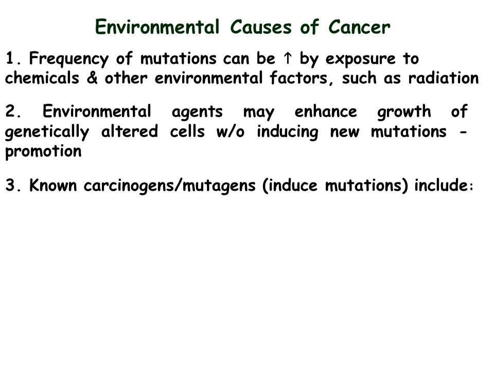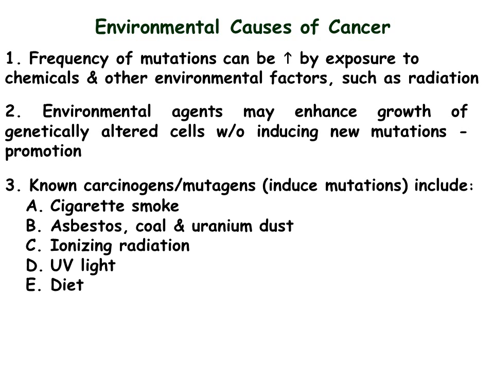Now, known carcinogens and mutagens, in other words, which induce mutations, include, obviously, cigarette smoke. That's number one. Asbestos, coal, uranium dust. Again, the uranium is giving off radiation, ionizing radiation, which is why it's there. The UV light, and, of course, diet.